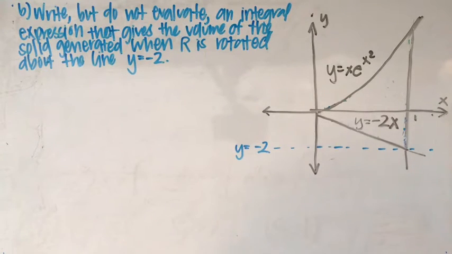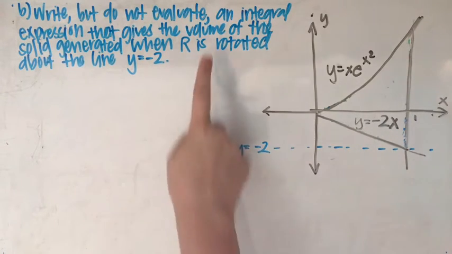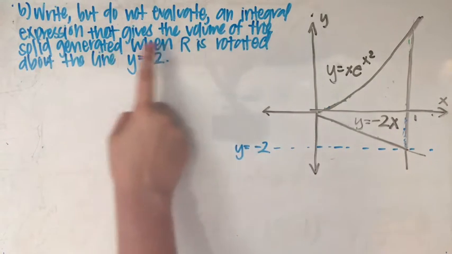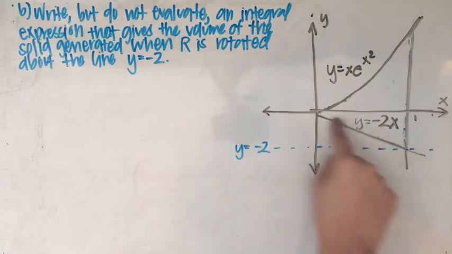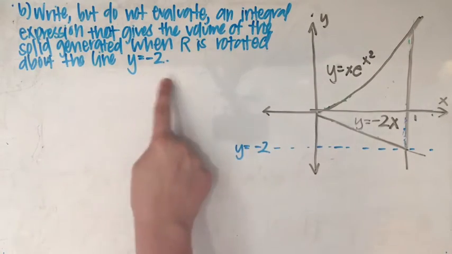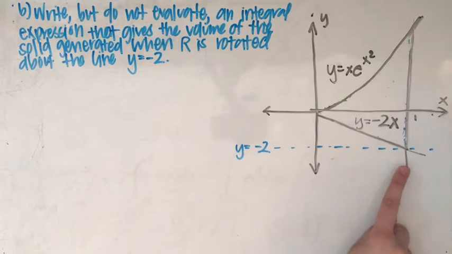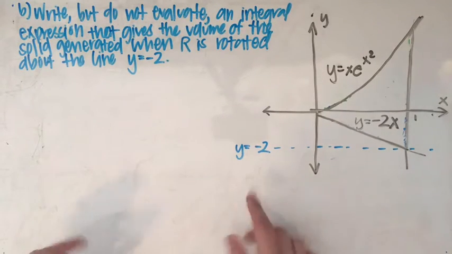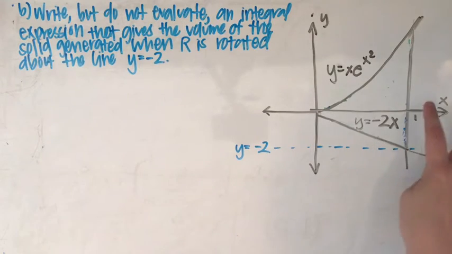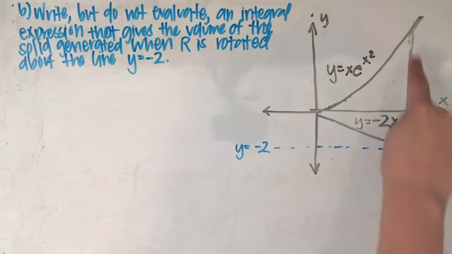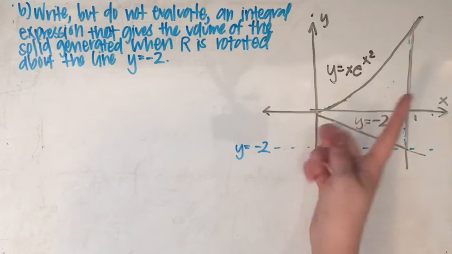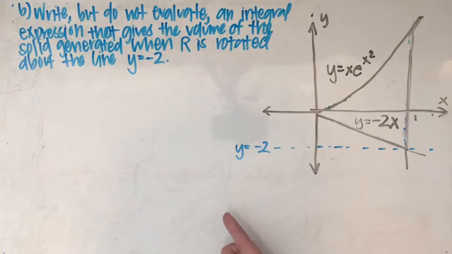For the next part of this FRQ, we want to find an integral expression that will give the volume of the solid generated when R, this area, is rotated around the line y equals -2, which I've drawn here. It's kind of weird to conceptualize these problems because you're given this 2D area and you have to think about it in a 3D manner.